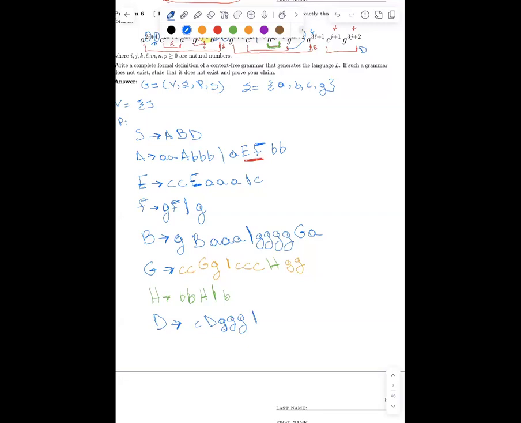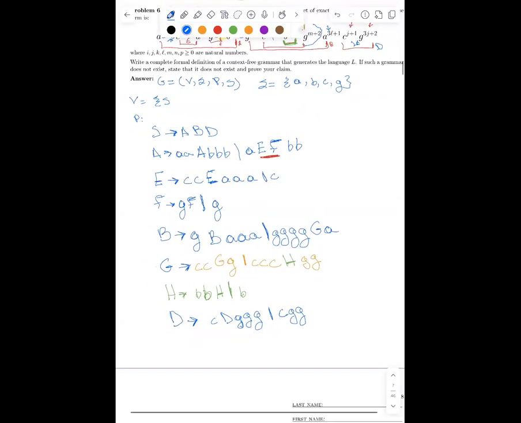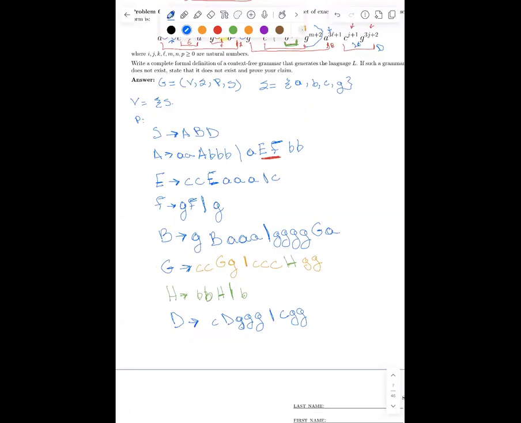And because it's my last thing, I have only C and two Gs. You are not moving to any state. There is nothing next to it. There is nothing between this part. So we are gonna end with that. And I use the letters A, B, D, E, F, G, and H.